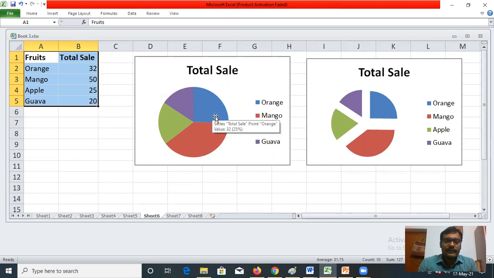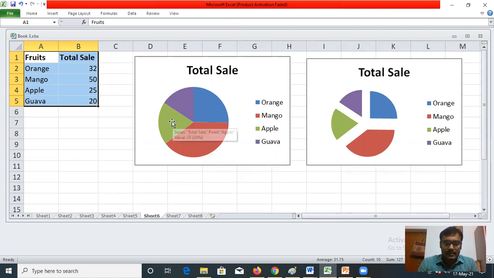Now you can see different fruits are denoted with different colors, and their selling is denoted by the area occupied in this circle. So the highest selling is mango; its total sale is denoted with the red color area.